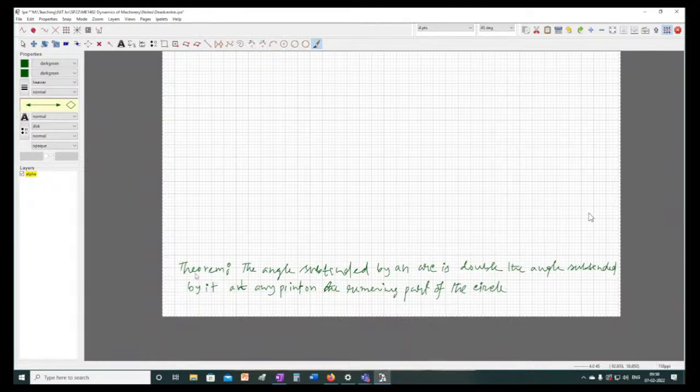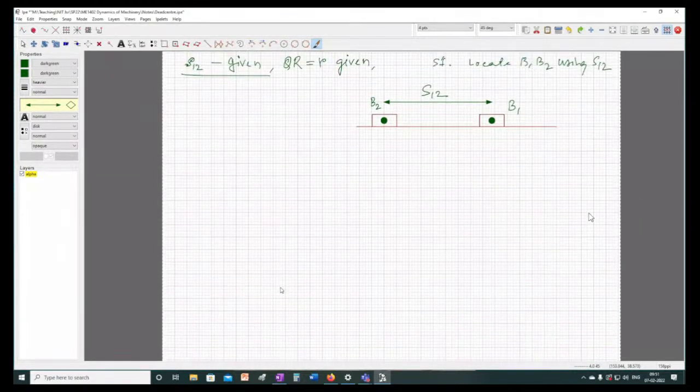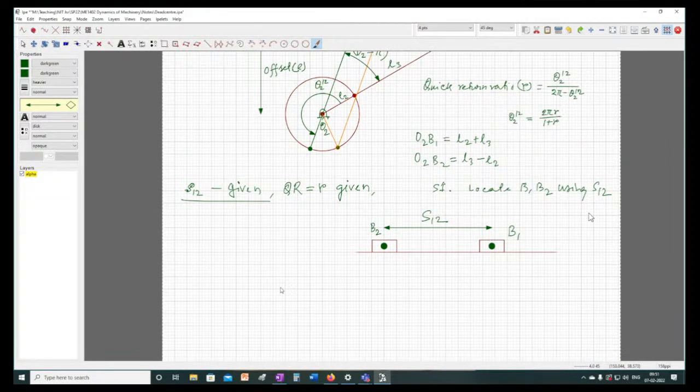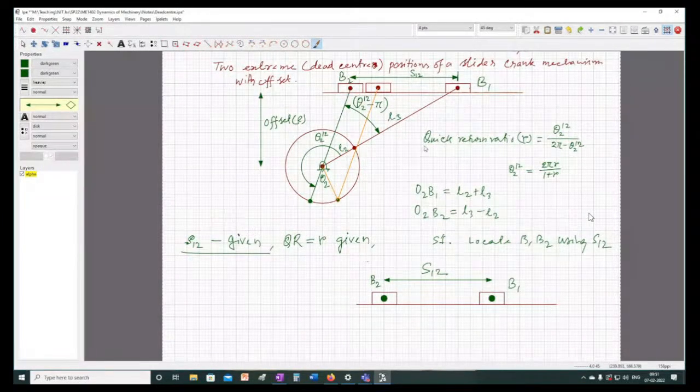All of you know this theorem, right? Yes, sir. Okay, now we will use that.